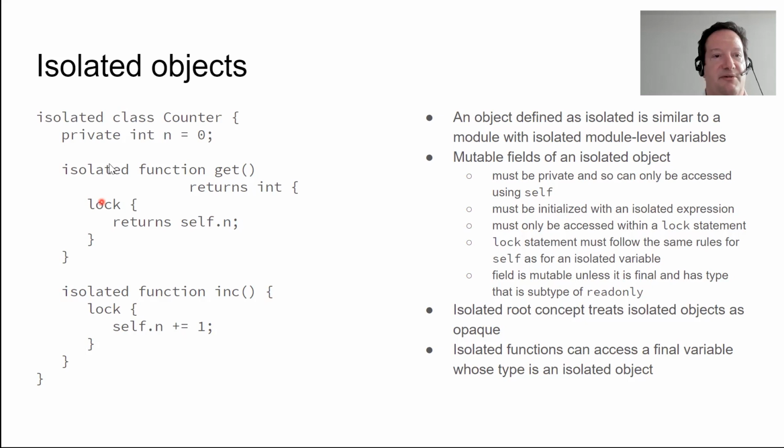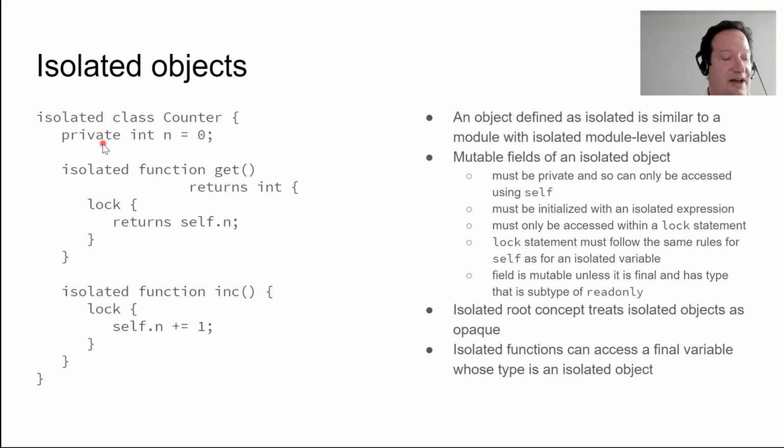So let's look at it. It'll be easier with an example. Suppose I have created an isolated object by having an isolated class. When I have an isolated class, basically all the variables of the class are like isolated variables of a module. First of all, you can't have any public state, it has to be private.